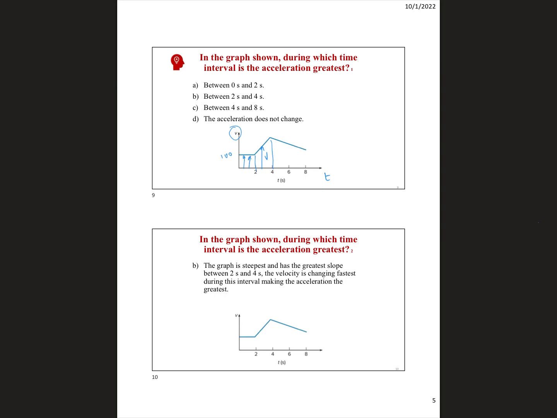I see that the velocity increases greatest between 2 and 4. After 4, the velocity is decreasing. So in the range of 2 and 4, the acceleration, because the acceleration is the change in velocity per unit of time. The change in velocity is big between 2 and 4. Okay, so let's go to the next question.